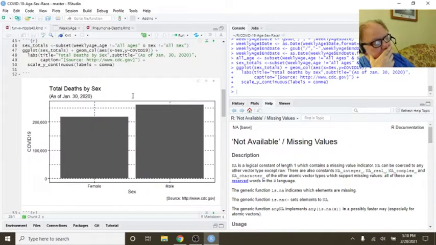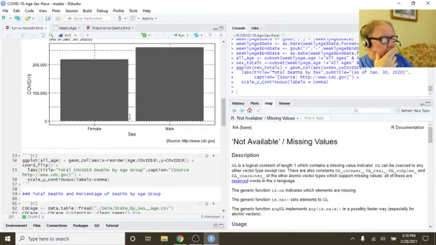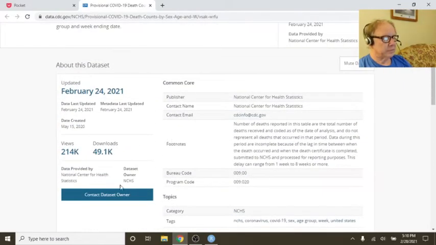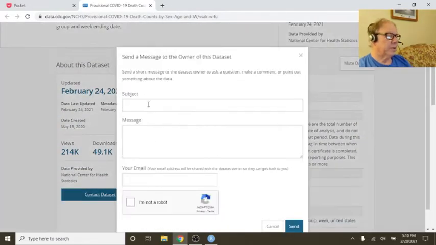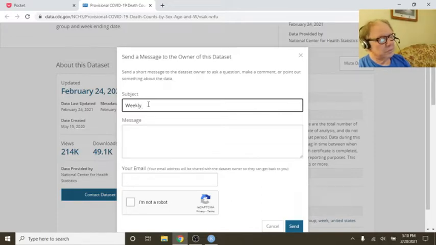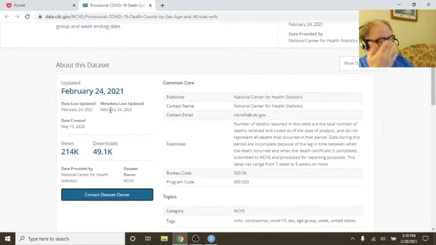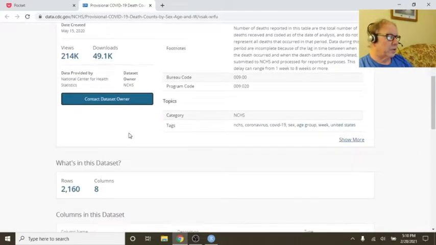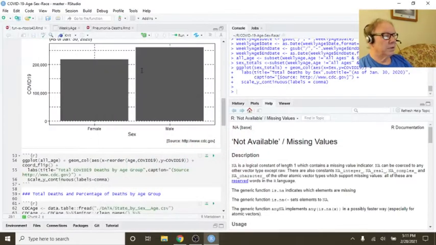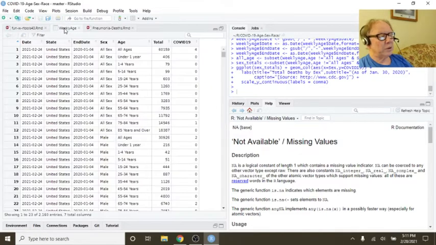Huh. This is sort of interesting. I think I can actually contact them. Okay, we'll go with what we have here. I just don't understand how come we only have data up through 1/4.